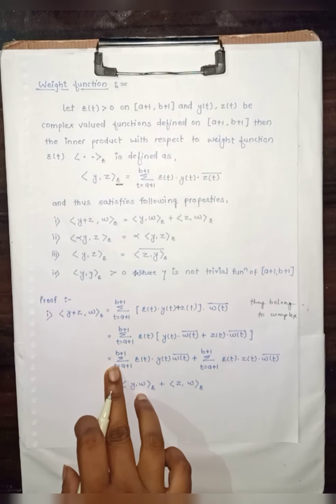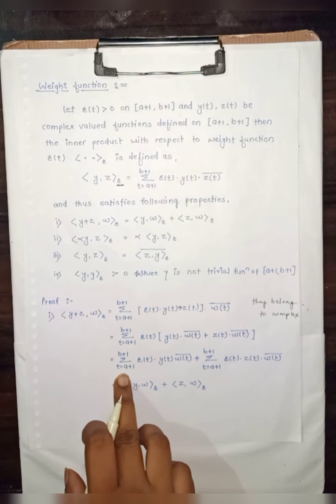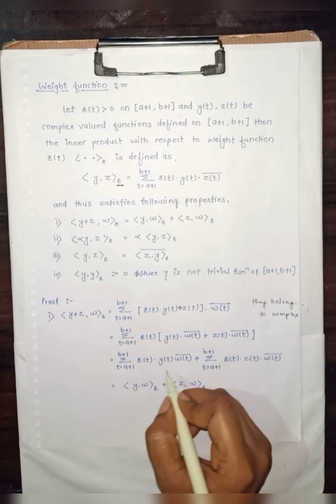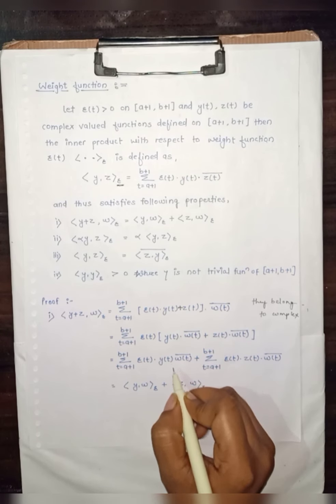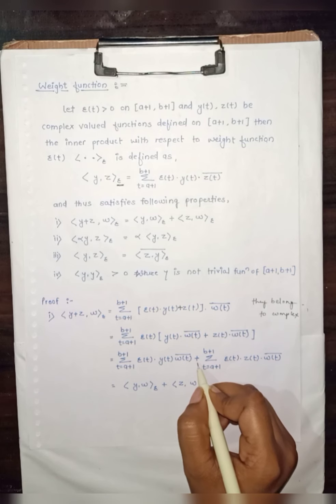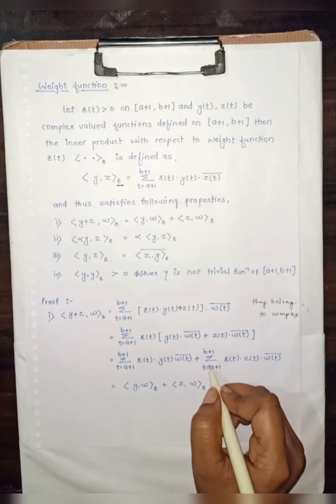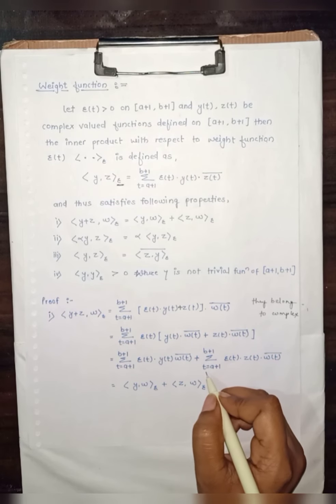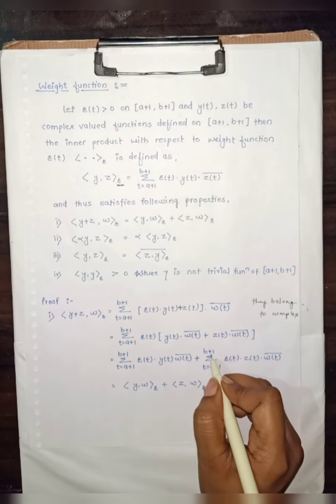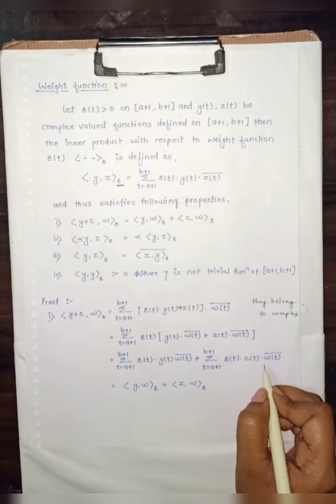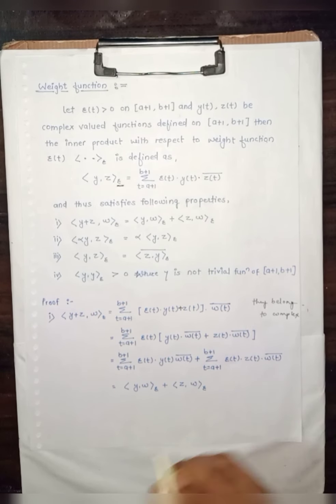Then equals summation from t equals a plus 1 to b plus 1 of r of t y of t into conjugate of omega of t plus summation from t equals a plus 1 to b plus 1 of r of t into z of t into omega of t conjugate.